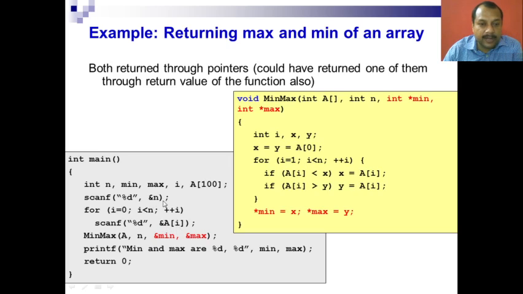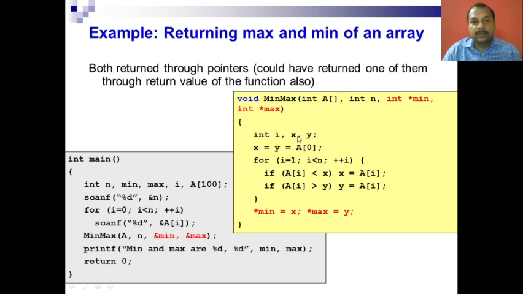So I am reading the number of elements, then reading all the elements and storing them in the array a[i]. Then I am calling the minmax function by passing the array a, the size of the array n, and I have created two memory locations min and max to store the values, and I am passing their addresses in this function minmax. Now the printf will print min and max.